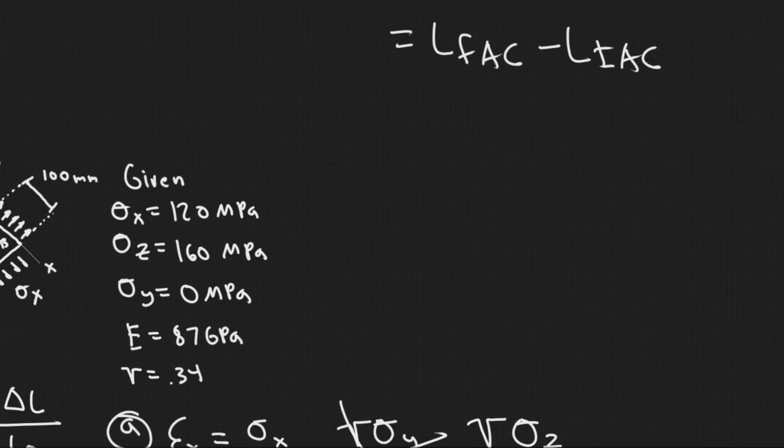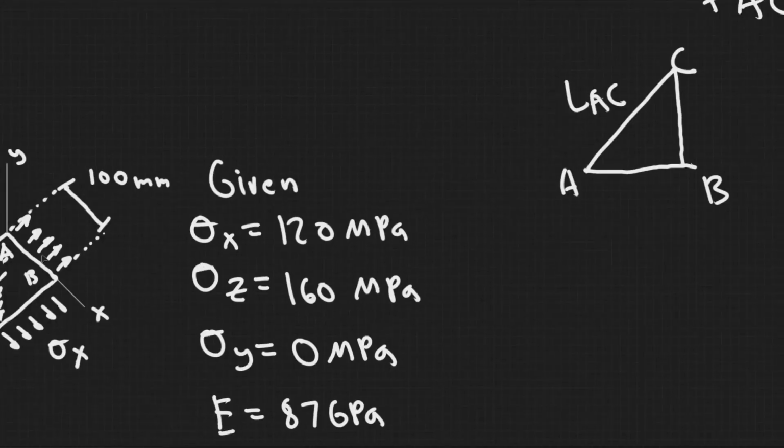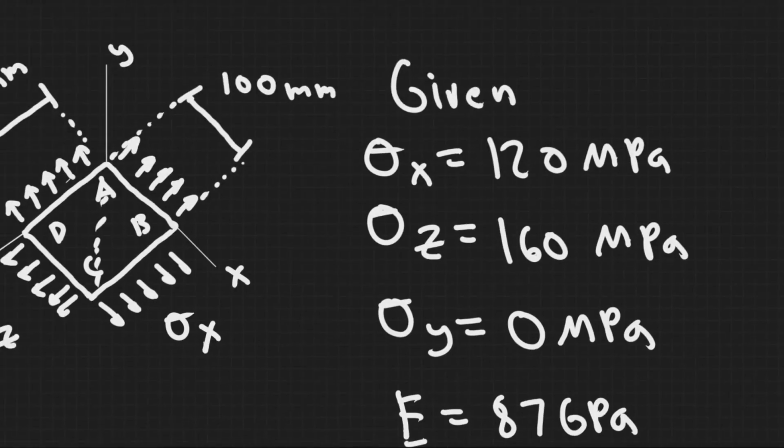So if I redraw this, I'll just draw it like this, something like that. And if we call this A, call this C, and call this B, this is LAC. And then we know AB, which is right here, which is 100 millimeters, this side right here. And we know BC, which is 75.